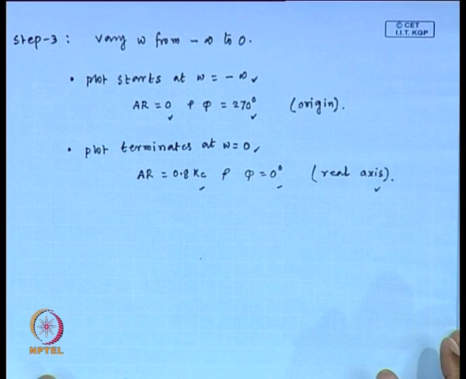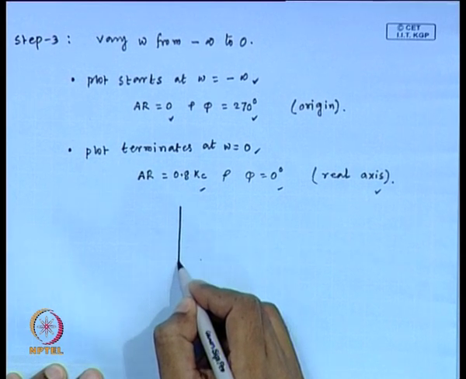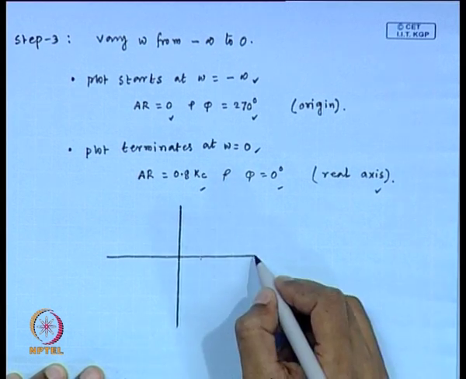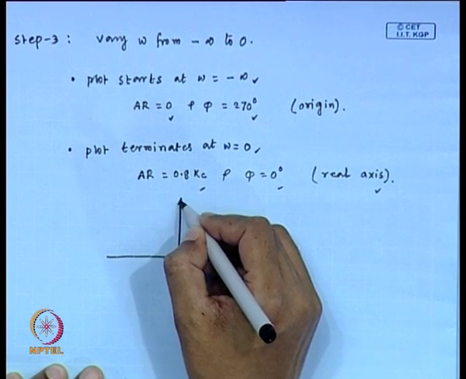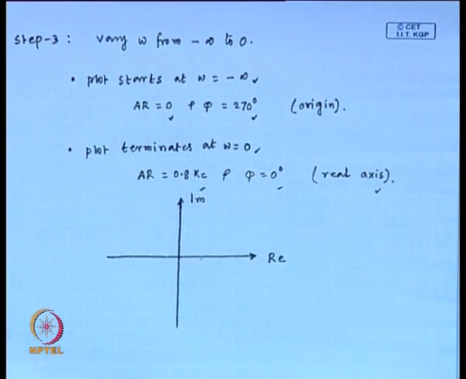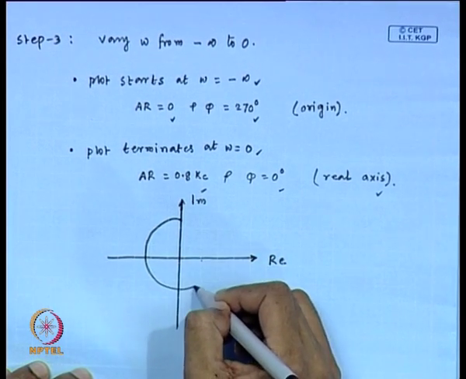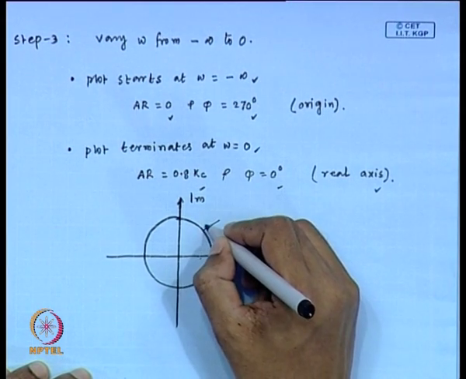Now, we will draw the polar plot for this case, I mean varying omega from minus infinity to 0. This is real axis in complex plane, this is imaginary axis. Similarly, we need to draw the unit circle.